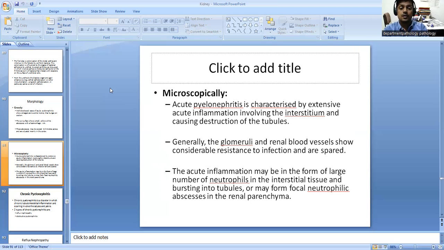Generally, the glomeruli and renal blood vessels show considerable resistance to infection and hence are spared. The acute inflammation may be in the form of a large number of neutrophils in the interstitial tissue bursting into tubules, or may form focal neutrophilic abscesses in the renal parenchyma.